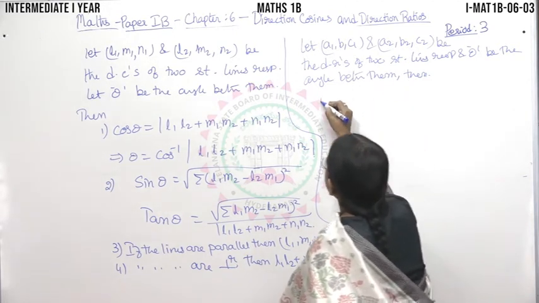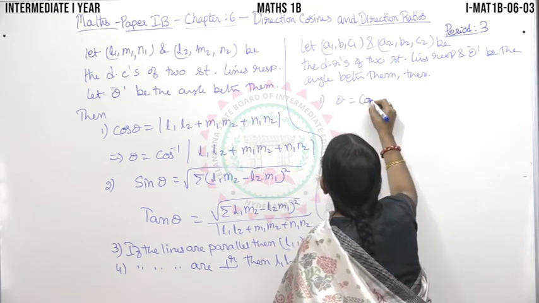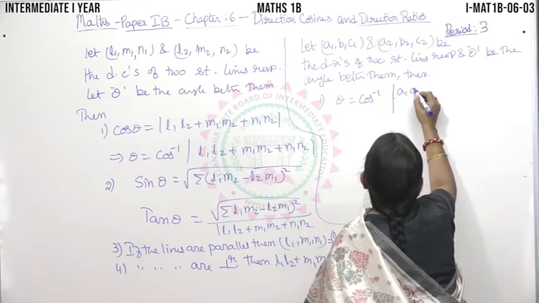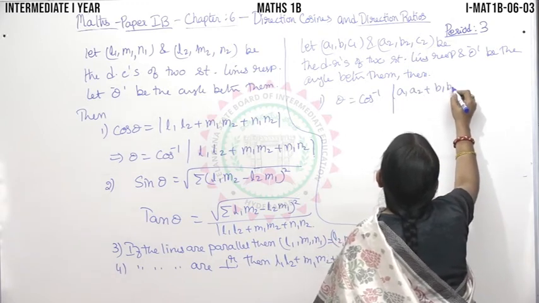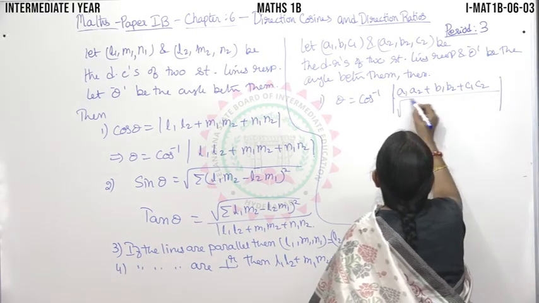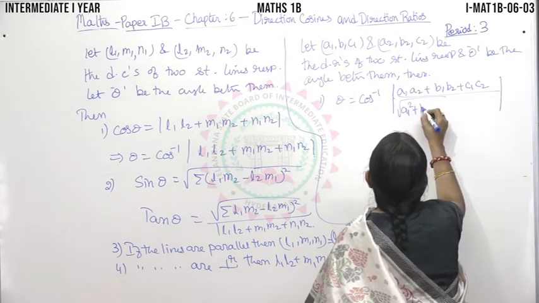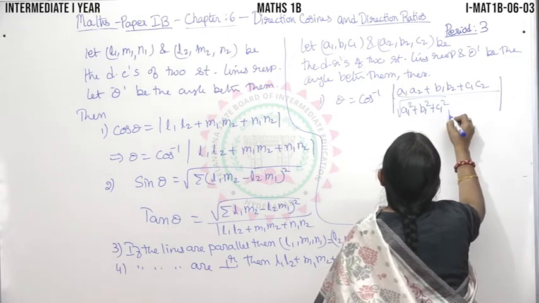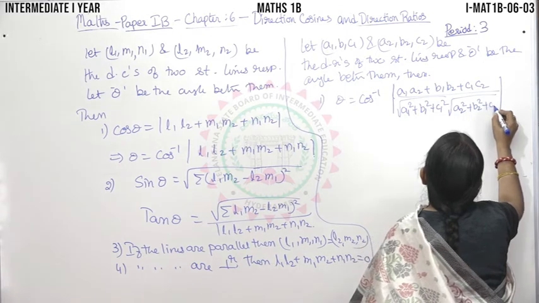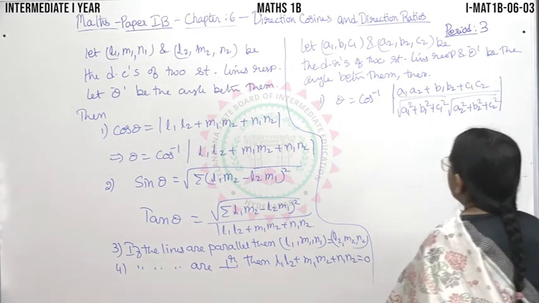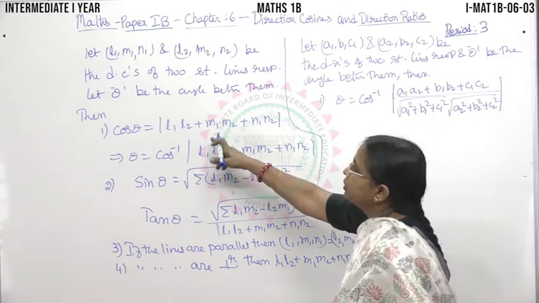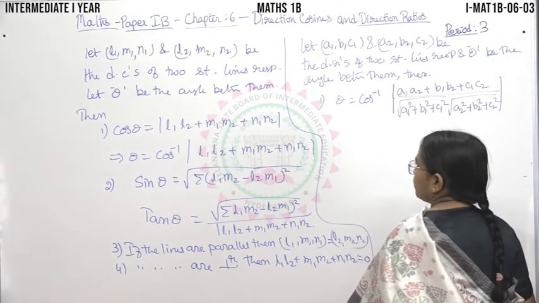In the same way, theta is equal to cos inverse of mod of A1 A2 plus B1 B2 plus C1 C2 by root of A1 square plus B1 square plus C1 square into root of A2 square plus B2 square plus C2 square. So here if you take L1 square, M1 square and so on, it will be 1. Because of that, it is just this formula.